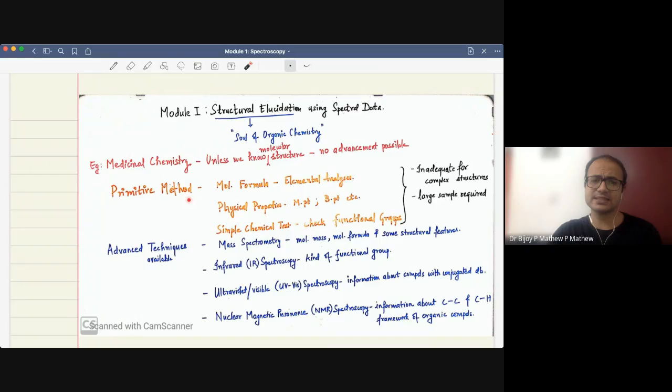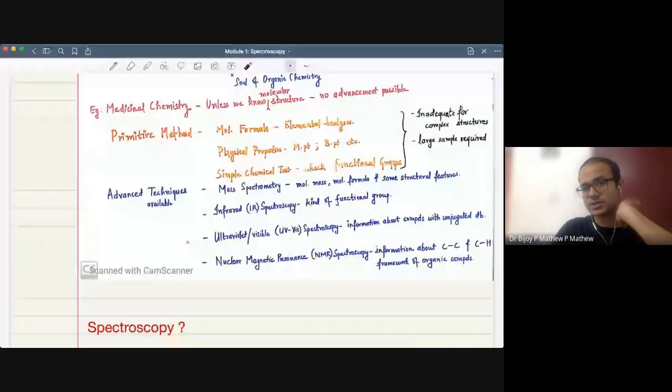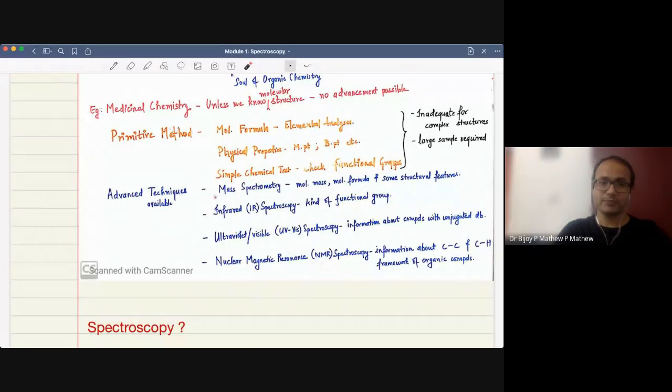Later, in the early part of the 20th century, we discovered certain techniques to determine the structure of a compound. Now, in the current scenario, if you have any unknown compound, using these various techniques you can easily and correctly determine its structure without doing a single experiment.